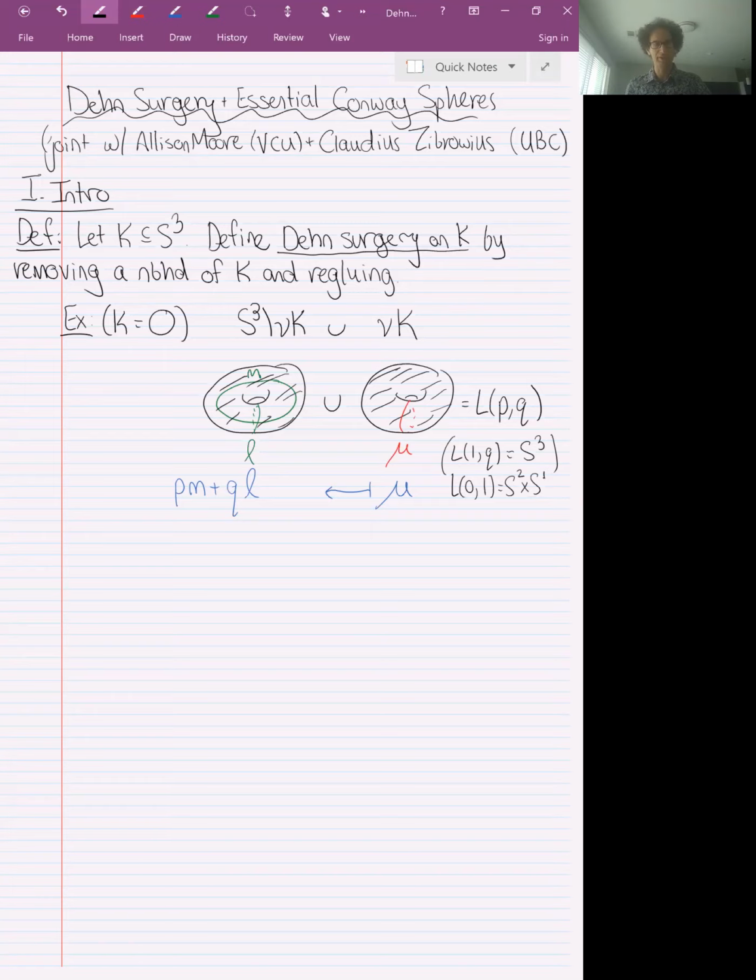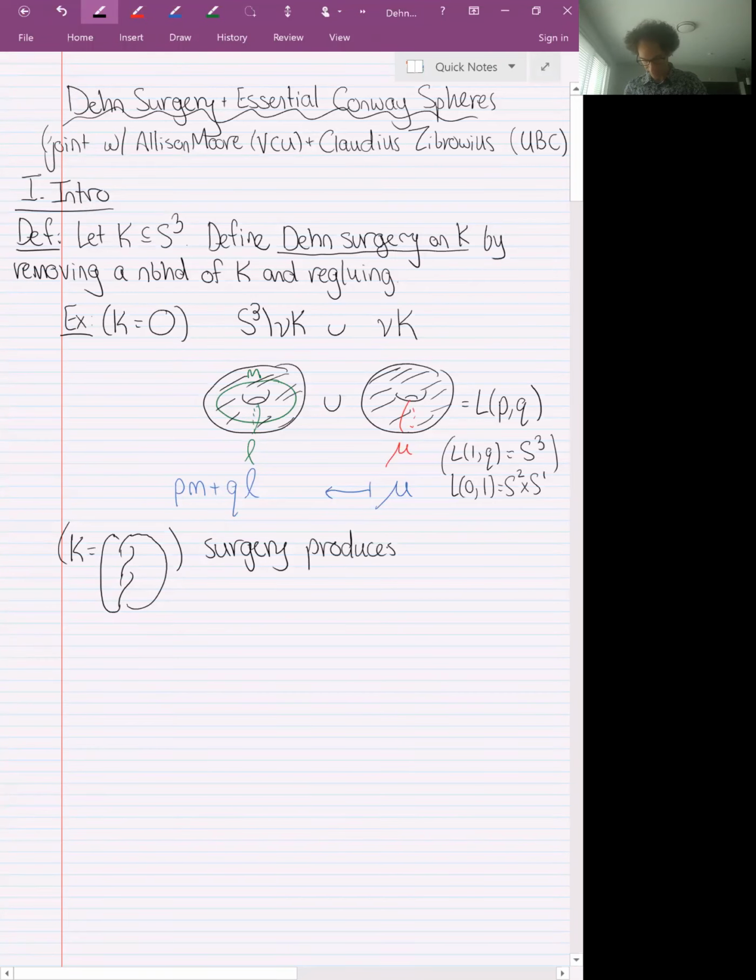Just to show you that this construction can produce some other more interesting examples, I'll go to the next least complicated knot, which is the right-handed trefoil knot. Surgery on this produces a lot of different interesting three-manifolds. For instance, surgery produces the three-manifold L(5,4). It produces the Poincare homology sphere.